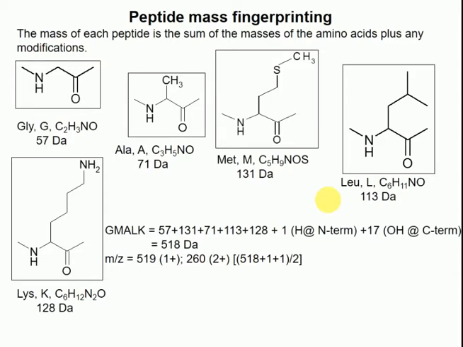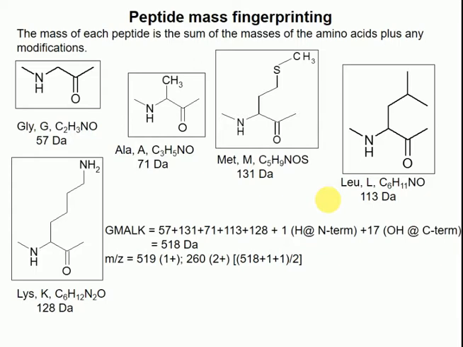Okay, so if you're using peptide mass fingerprinting, then the mass of the peptide is going to be the sum of the amino acid residues and any modifications. Okay, so if we take this example here, this pentapeptide, we've got the mass of glycine, methionine, alanine, leucine, and lysine. Those are the amino acid residue masses.